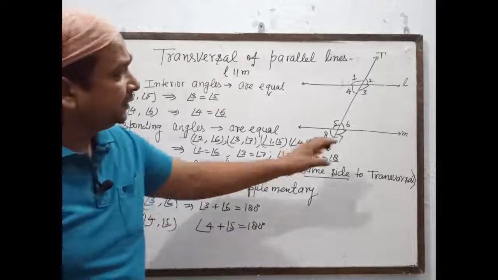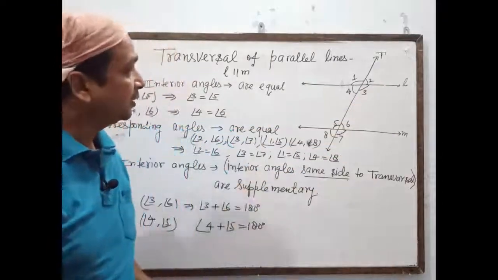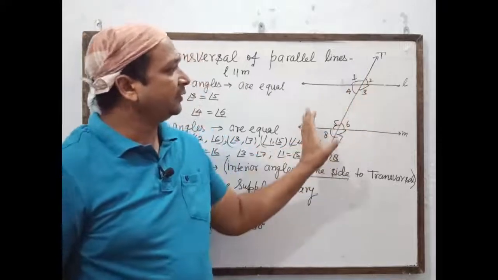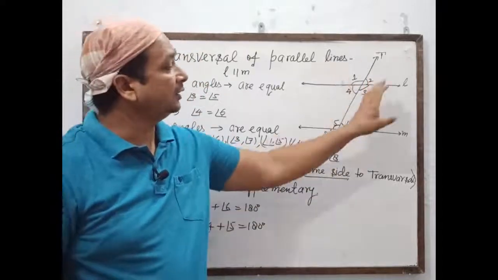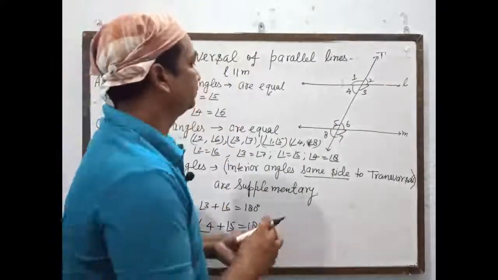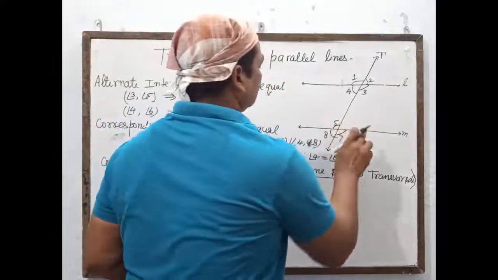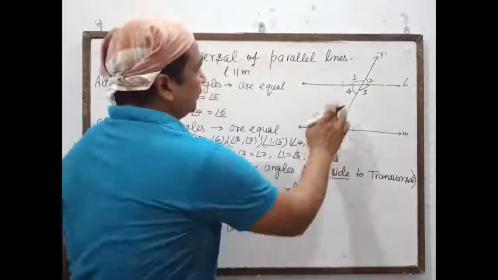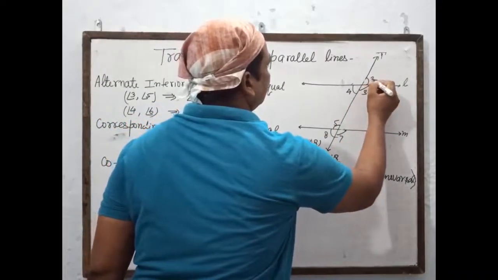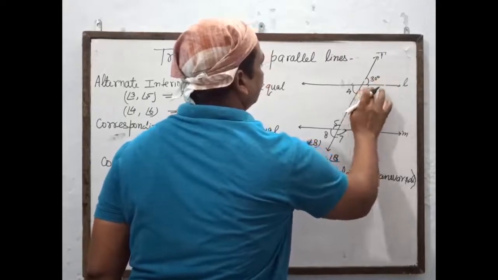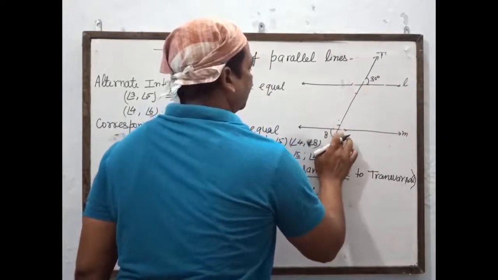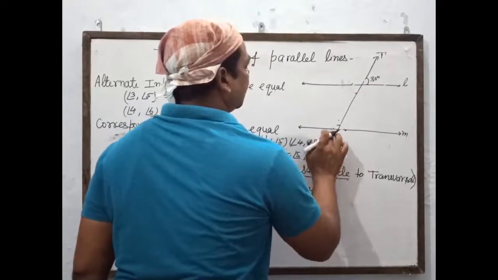Students, if these two lines are parallel and any one angle is given, then we can find all the 7 other angles. Look here, let's suppose this angle is 30 degrees, then find all the angles.